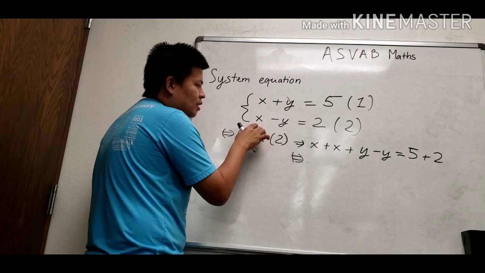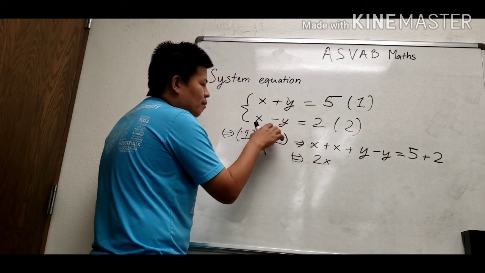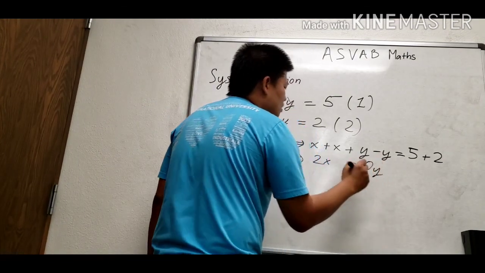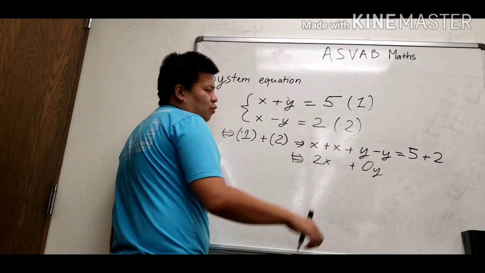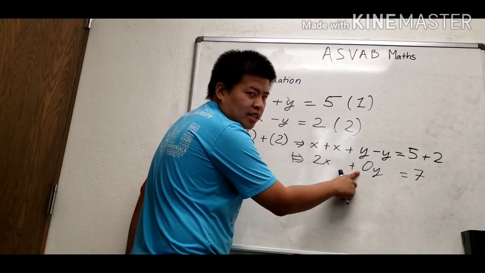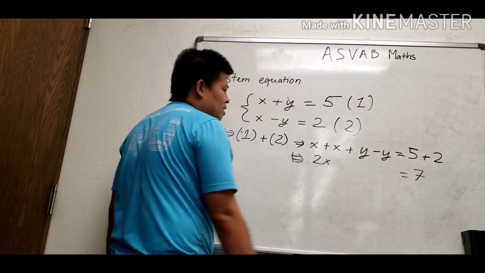x plus x is about 2x. y minus y is about 0y. 5 plus 2 is about 7. Because 0 multiplied with y is 0, we can eliminate this one.